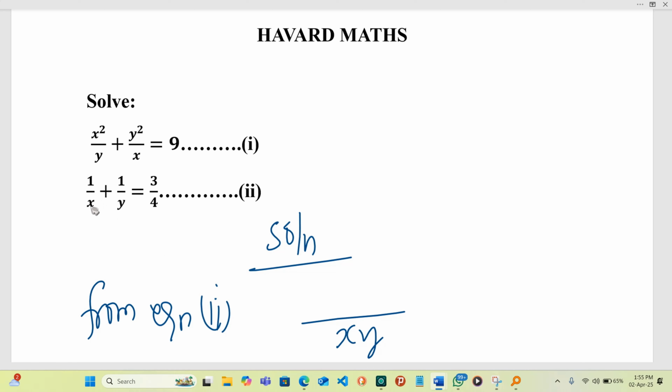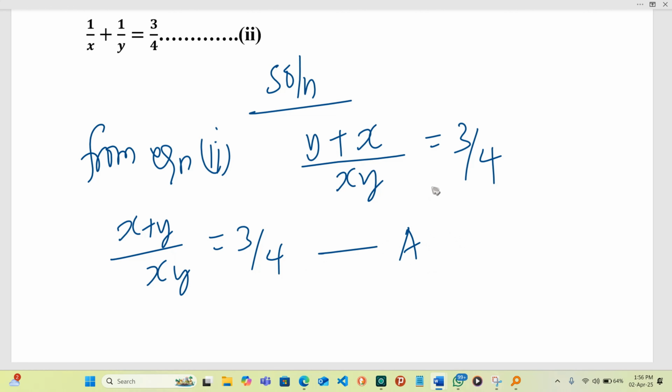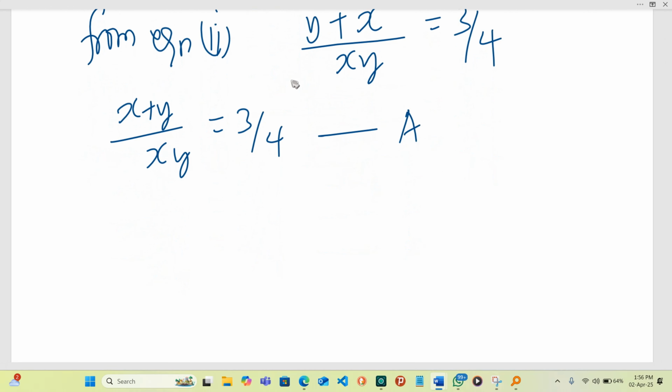So xy divided by x, I'll have y, plus xy divided by y, we get x times 1, the same thing we did here, so we have x, and this is equal to 3 over 4. So we can say that (x plus y) over xy is equal to 3 over 4, and we call this equation A.